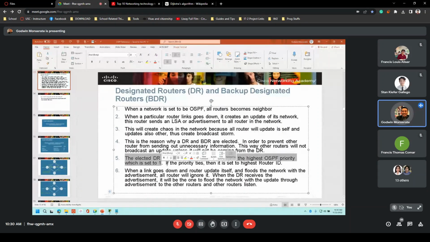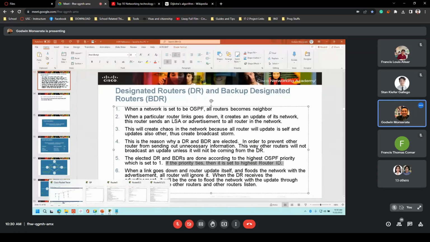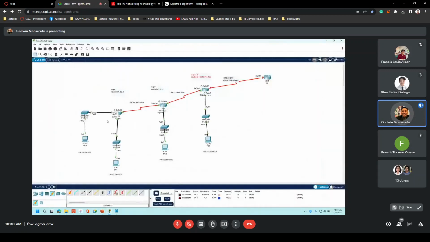If the priority ties, then it is set to the highest priority router ID. Pareho silang 1. Kinsay pilion? Ang tunga gyapon kay ataas kaayo ang router ID kay 1.1.1.1.